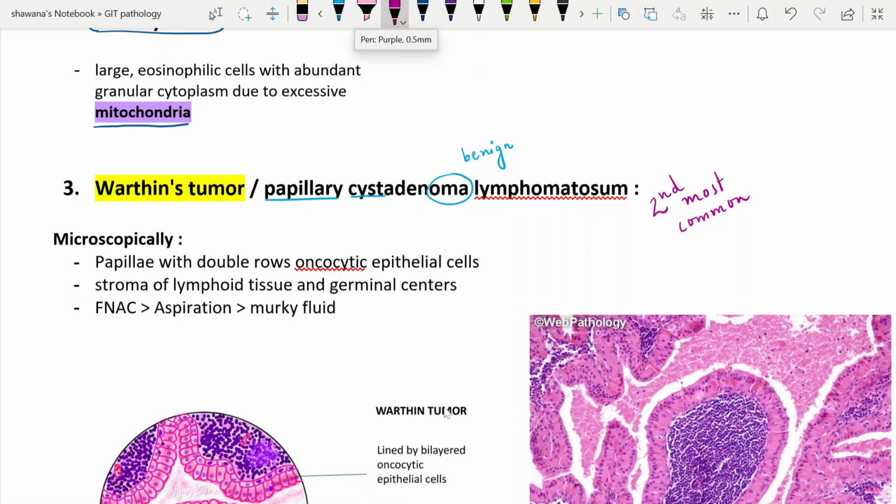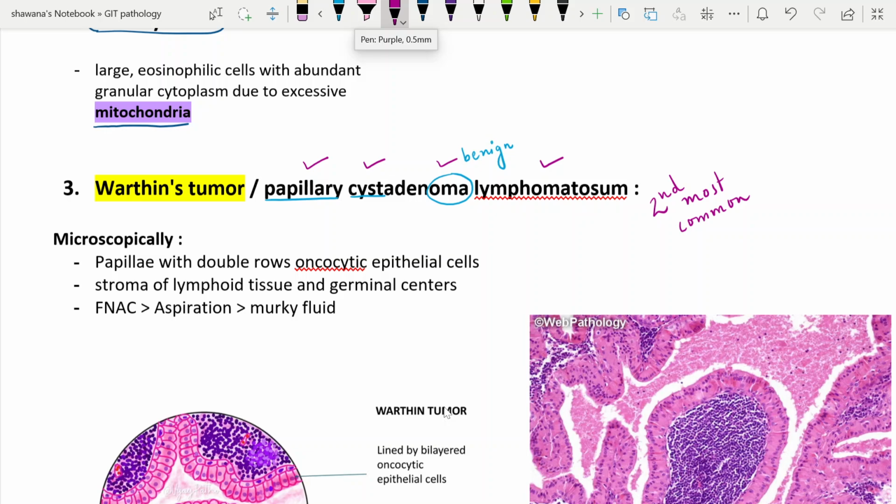Every word in this name has its own meaning. Papillary means that there is going to be some sort of papilla seen. There will be some sort of cyst. Oma suggests that it's a benign tumor, and lymphomatosum suggests that some kind of lymphatic infiltrate is going to happen in this tumor. The name tells you the whole story.